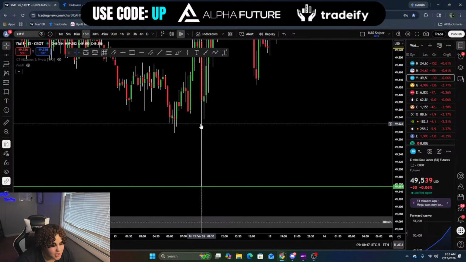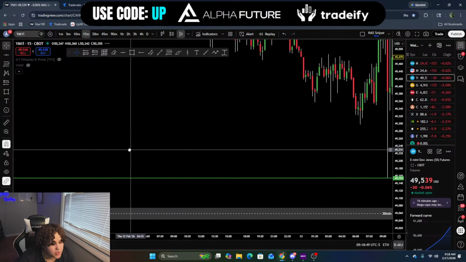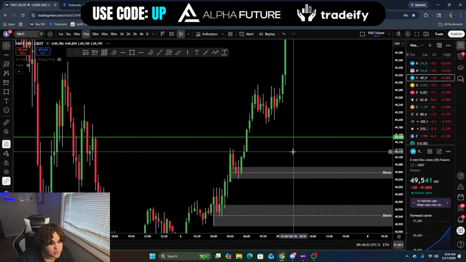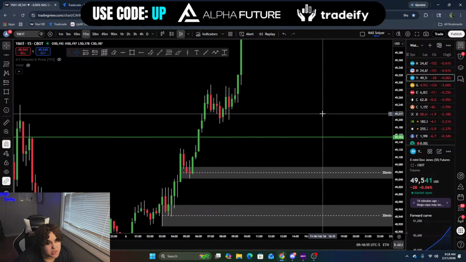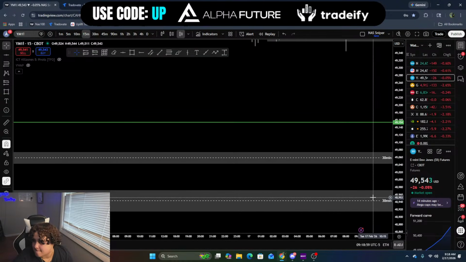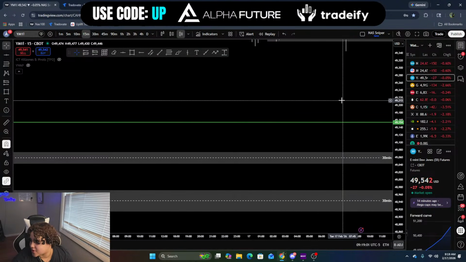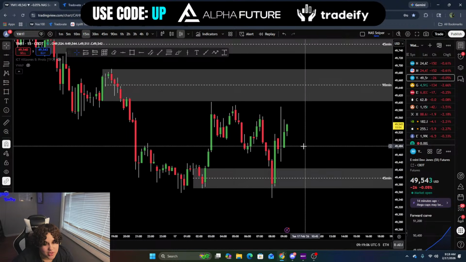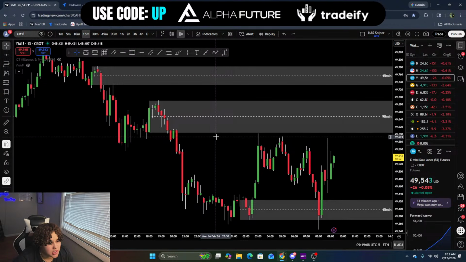Damn, this wick is nasty here. This 9:30 wick. Trying to see where it really bounced off from. Could just be support and resistance. Slow activity today. I could see the market being volatile today.